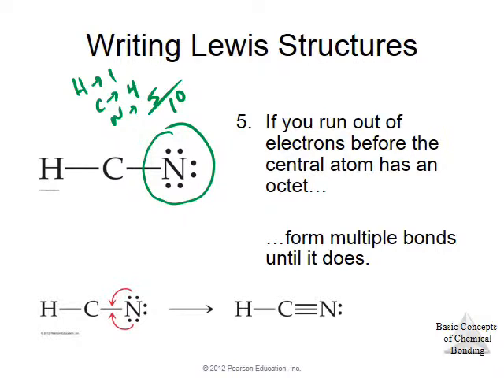But there is a problem with the carbon. Carbon has only 4 electrons around, but you'll have to make it 8. So that's why we're showing you here at the bottom, 2 pairs of electrons are moved in between carbon and nitrogen. Each pair makes 1 bond, so when you move 2 pairs, there'll be a triple bond between carbon and nitrogen.